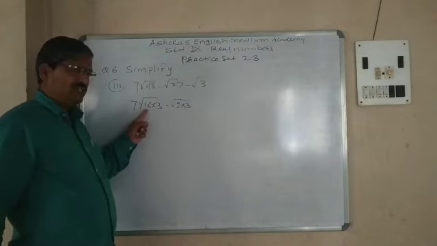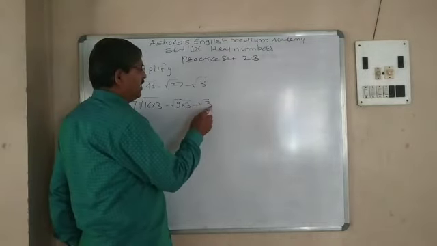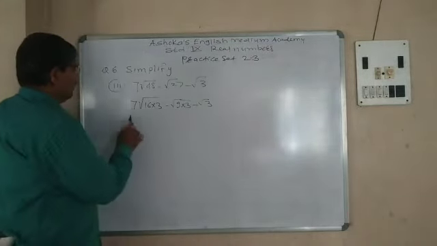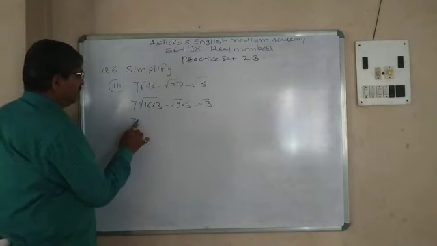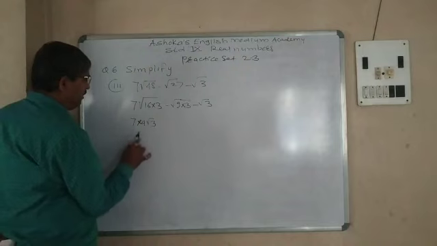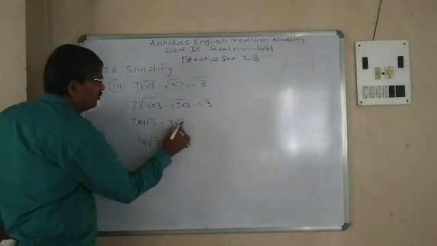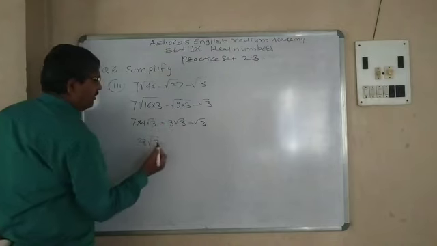Here also 16 is the biggest square number. And there is no need to split the last term, it comes as it is. Then 7 times the square root of 16, which is 4, under root 3. 7 4s are 28 under root 3. And here root 9 means 3 under root 3, minus root 3.